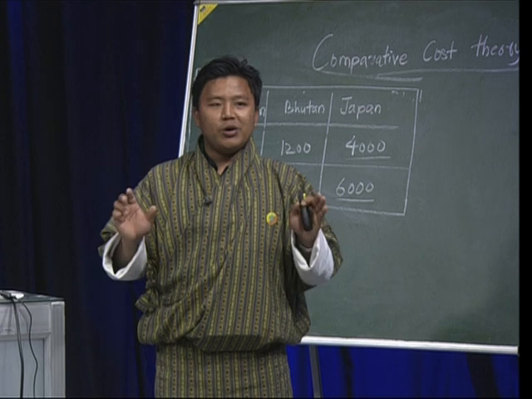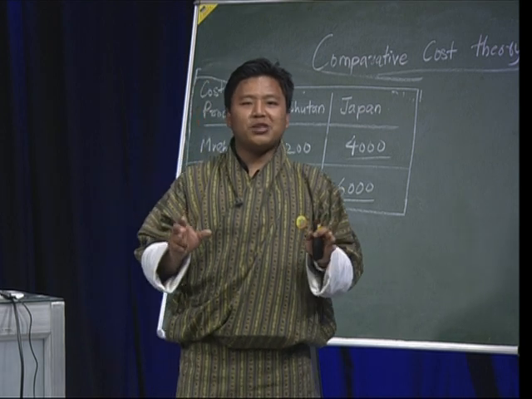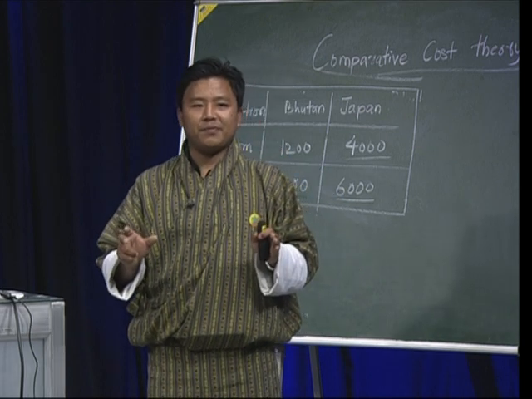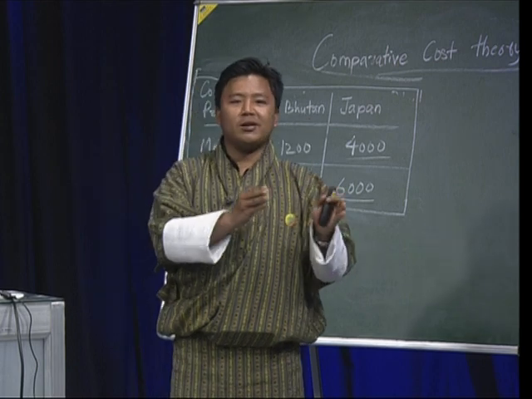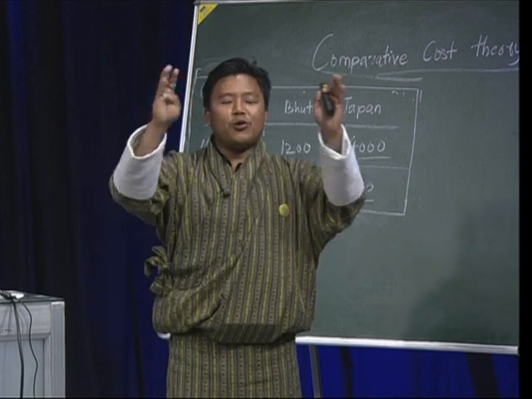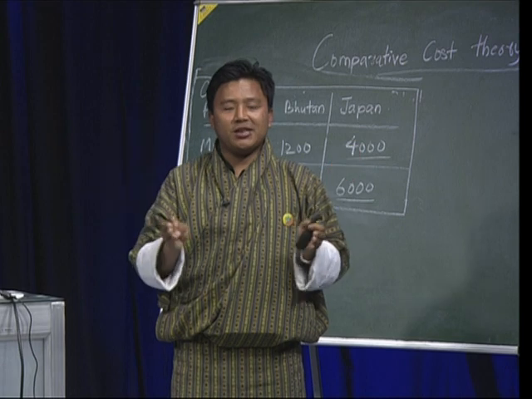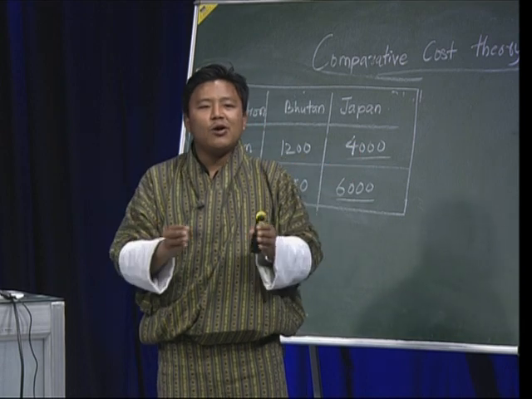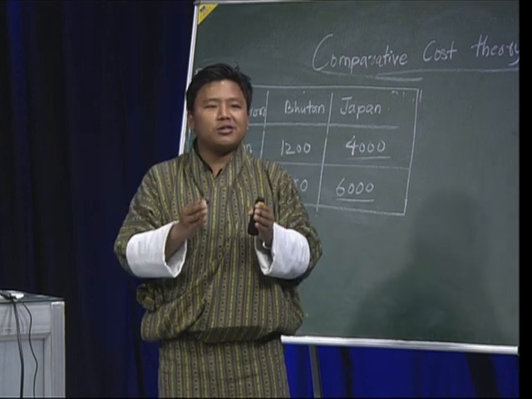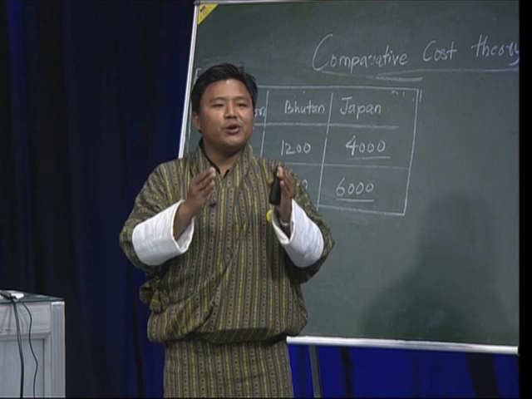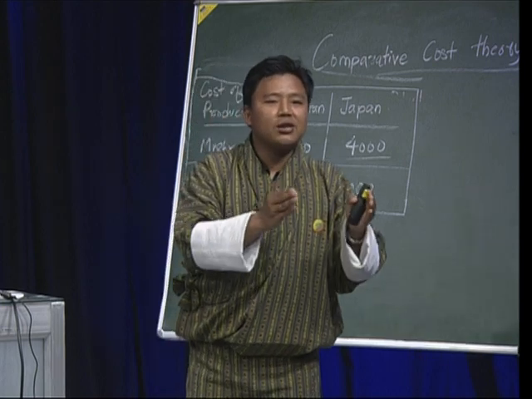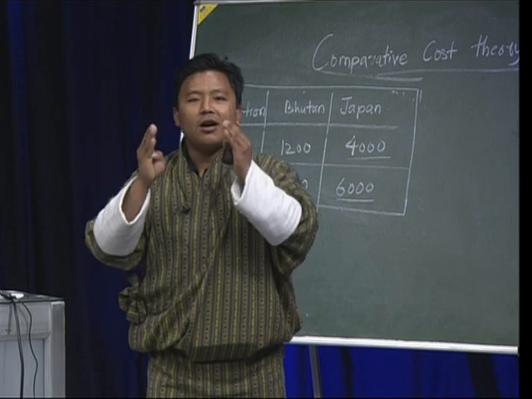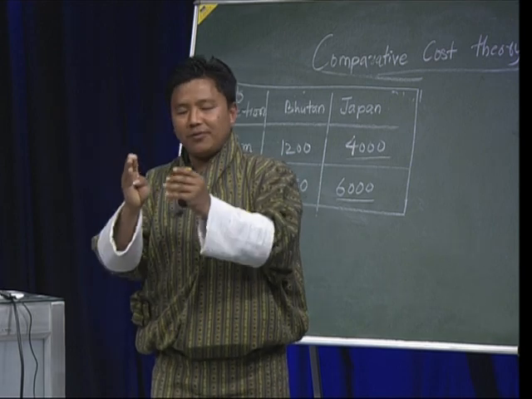Now we are done with the production possibility curve for Bhutan as well as for Japan, and we also know the point of specialization. With this, we are done with one method to explain comparative cost theory, by using opportunity cost and a production possibility curve.